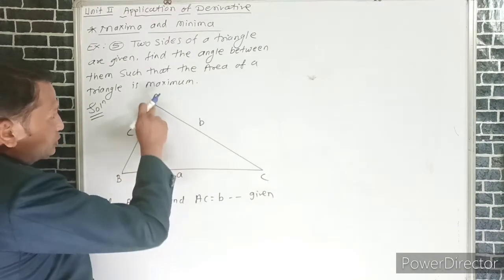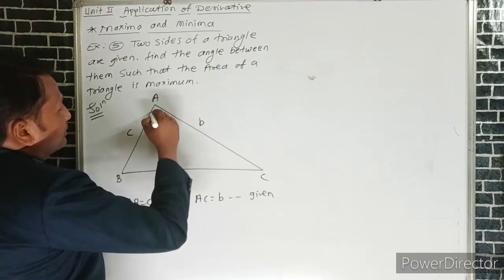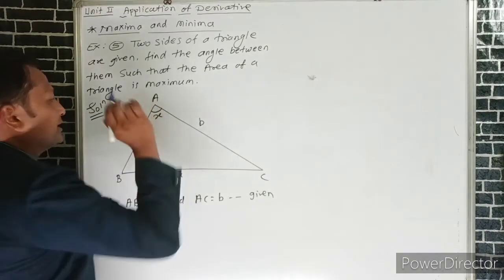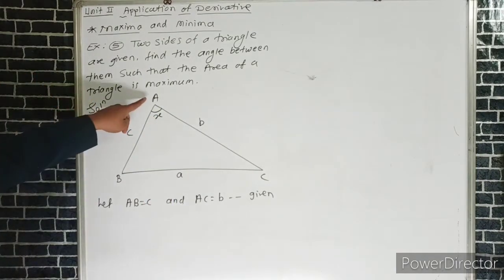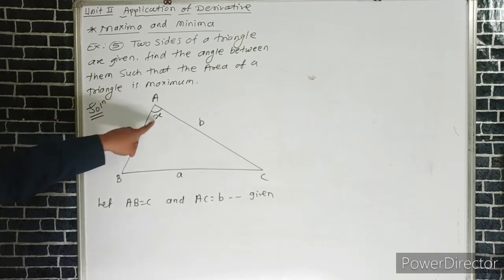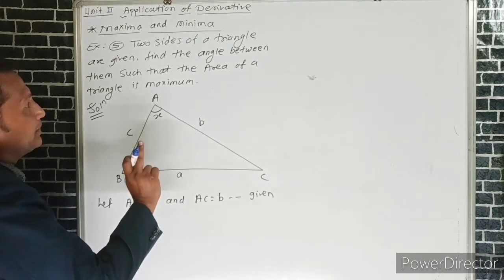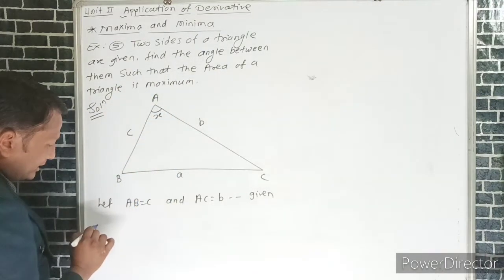AB and AC make the angle BAC. We can consider that this angle A is x, and we have to find when the area of the triangle is maximum.